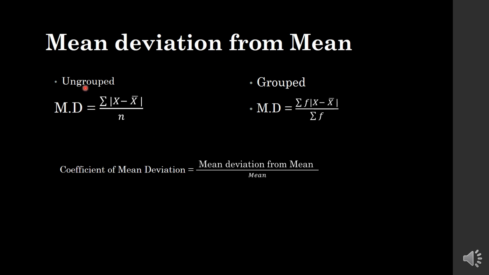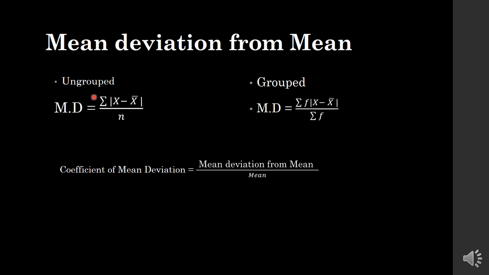Here we have two different formulas, because I am discussing here only the mean deviation from mean. These two formulas are just for the mean deviation from mean, and there's a little bit of change in the formulas when we move toward the mean deviation from median or the mode. This is the formula for ungrouped data, and this is for the group data.